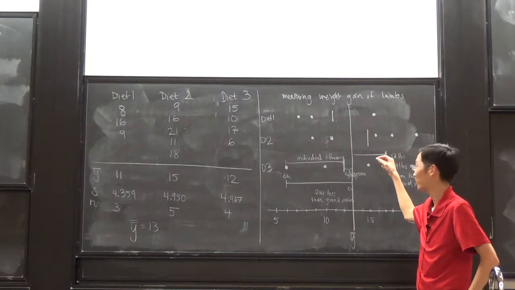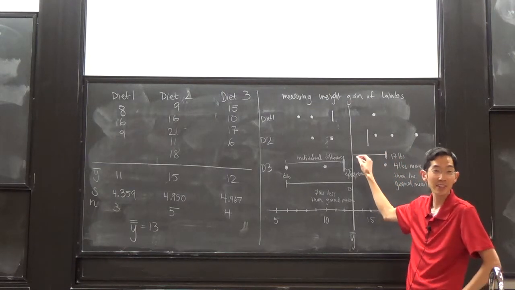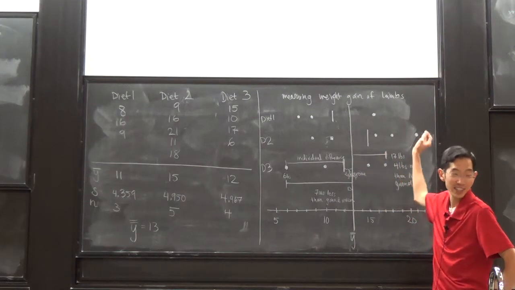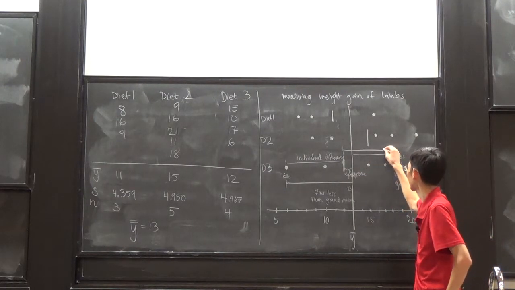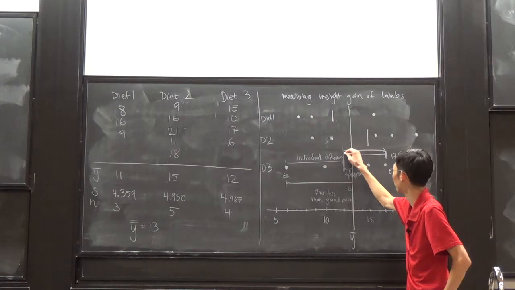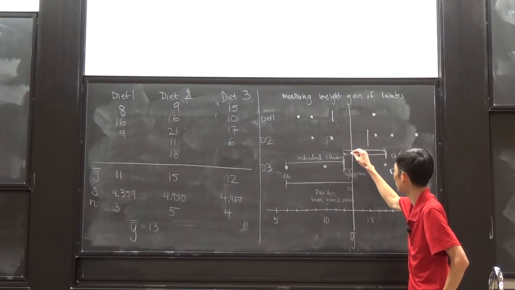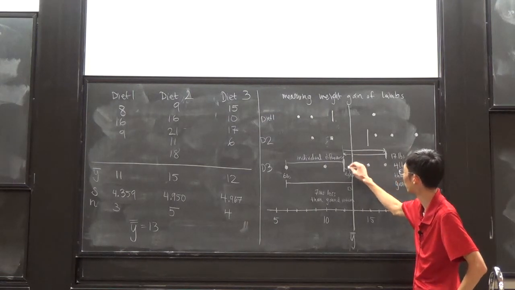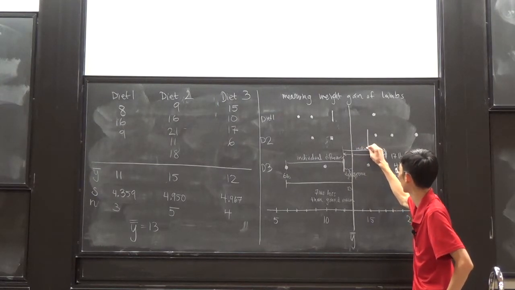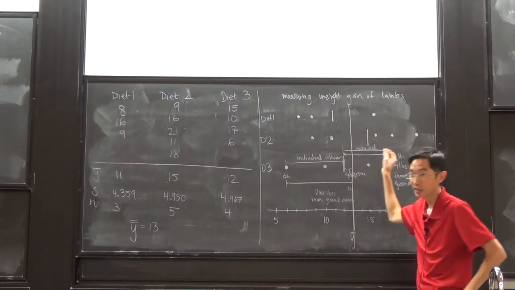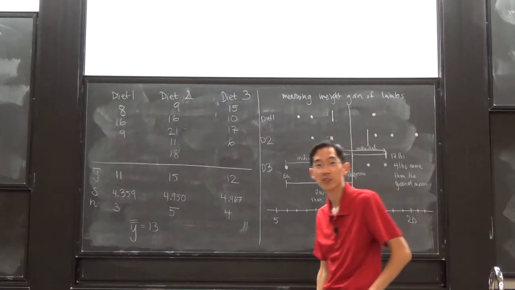But this lamb overcame even that disadvantage and gained 5 pounds more as an individual. So we still have the group difference, which is the same, but then as an individual, it gained 5 pounds more than the group average.